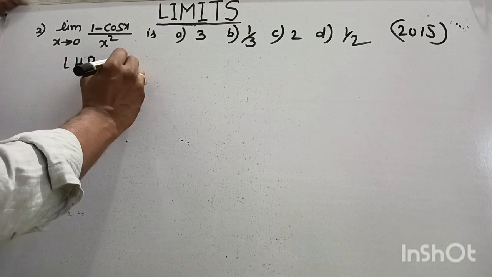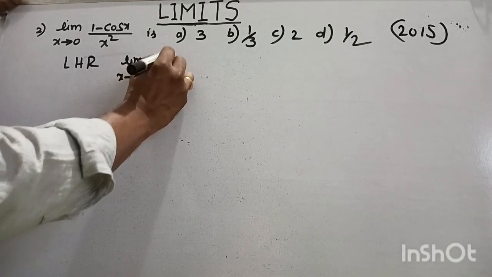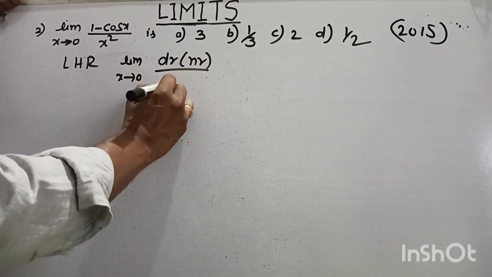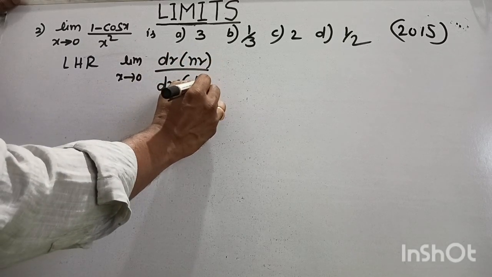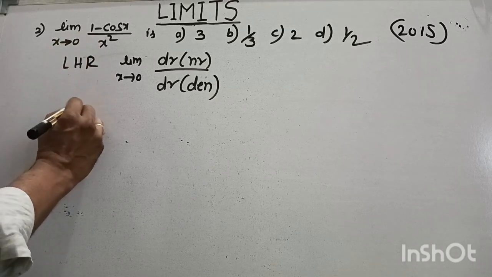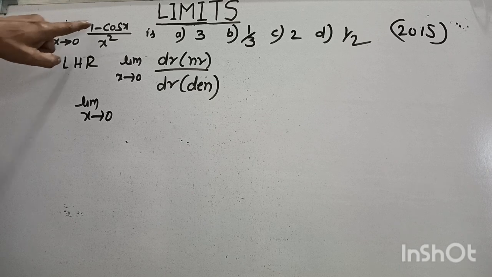What is L'Hospital's rule? That is limit x tends to 0, derivative of numerator divided by derivative of denominator. So here limit x tends to 0, derivative of the numerator, derivative of 1 minus cos x.